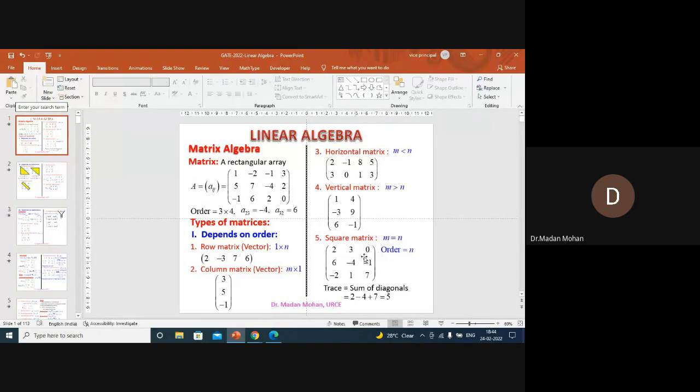A square matrix of order n cross n, we simply say order n. Whenever you have a square matrix, you have two diagonals. In particular, from A11 to Ann, this is called the principal diagonal. The sum of these elements is called the trace of the matrix. Trace is defined only for square matrices.